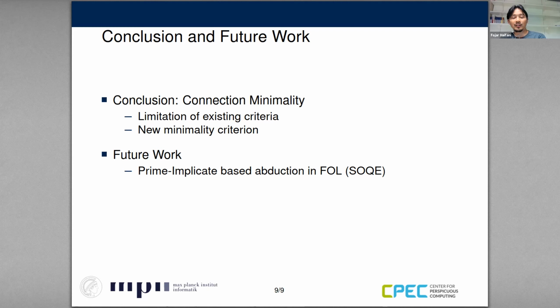So we would like to show that since EL can be translated into a fragment of first-order logic, this connection minimality really has a deeper connection with prime implicates in first-order logic. And last but not least, we would like to have some implementation with SPASS. Yeah, thank you.